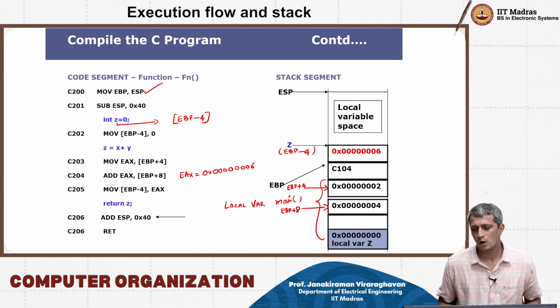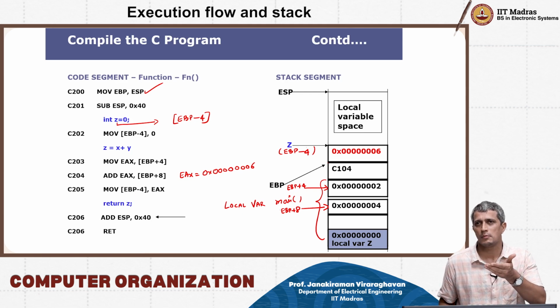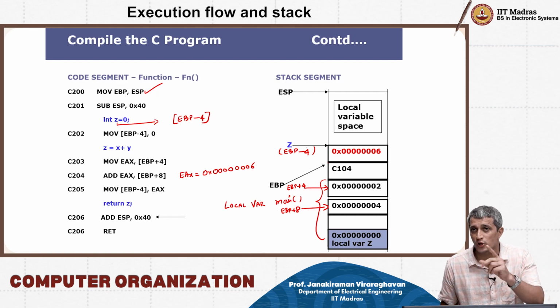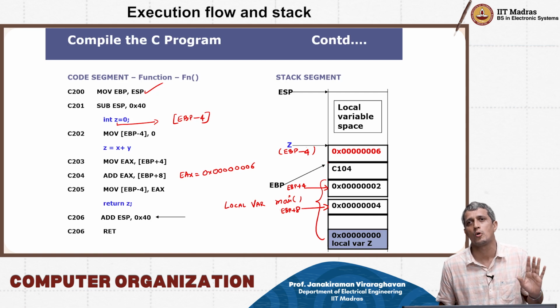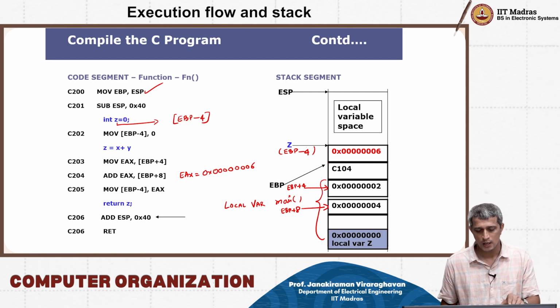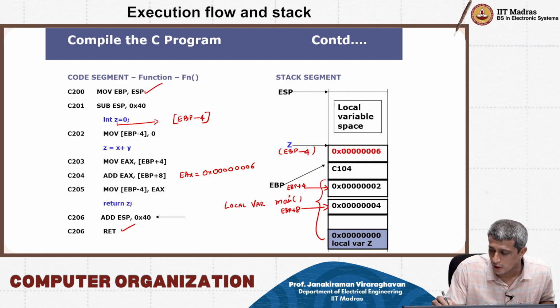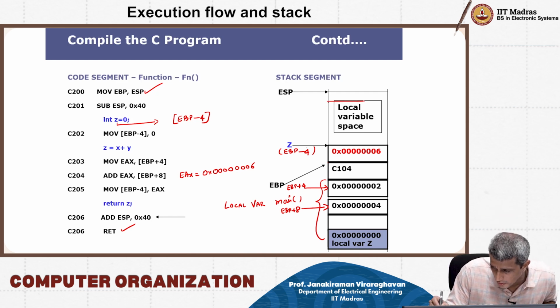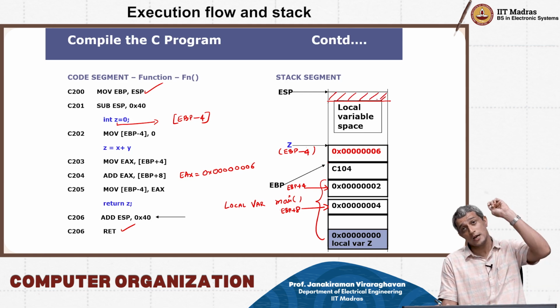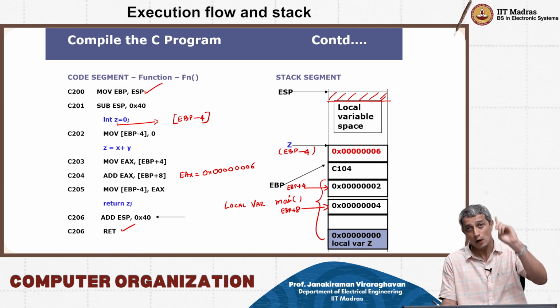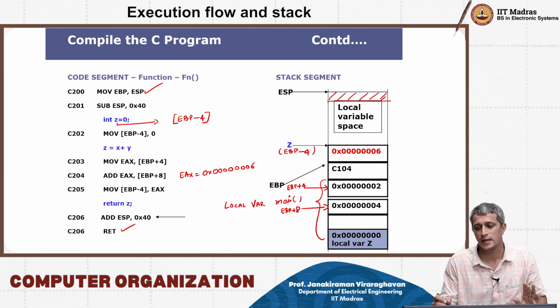Okay. Now I did some subtraction of ESP, right? So remember, anything that you do to the ESP, you have to undo before you come out of the function. Otherwise, if you execute this instruction directly, what will happen? It will treat this top address, whatever the data here, as the return address that you have to go to, and it will load EIP with that in the next step.